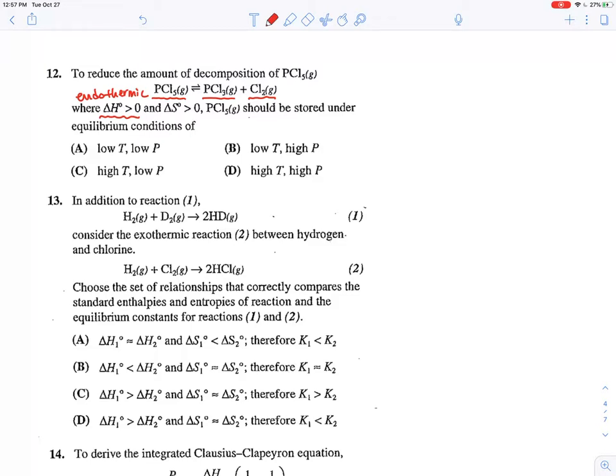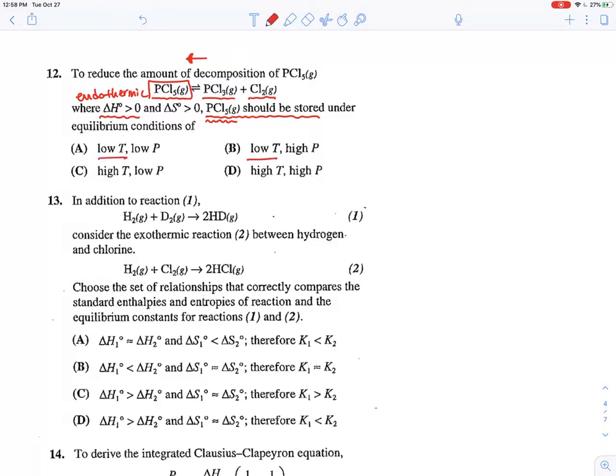If I want the reactant to be favored under the equilibrium conditions, I want to shift it, right? This is Le Chatelier's principle, and to do this, the lower temperature will be the one that favors this.